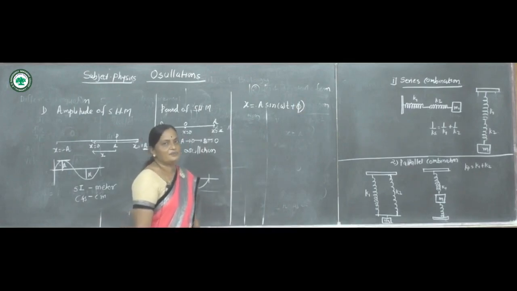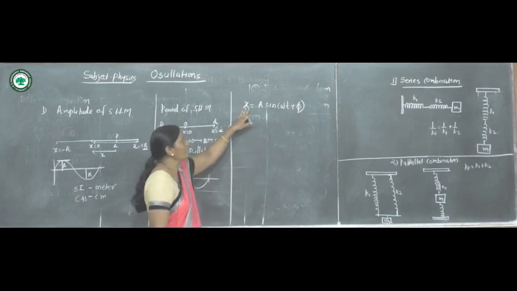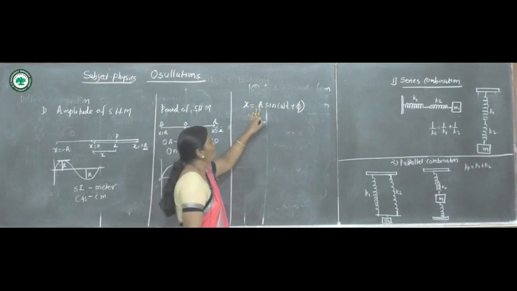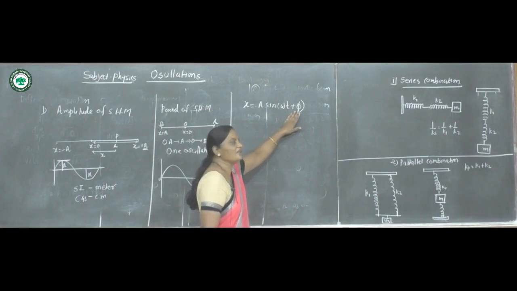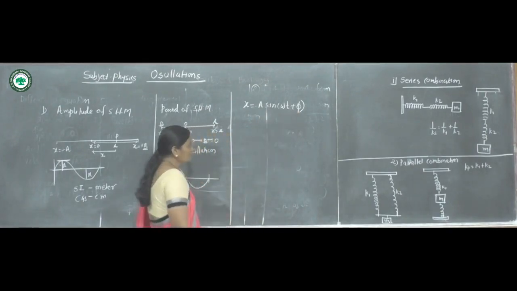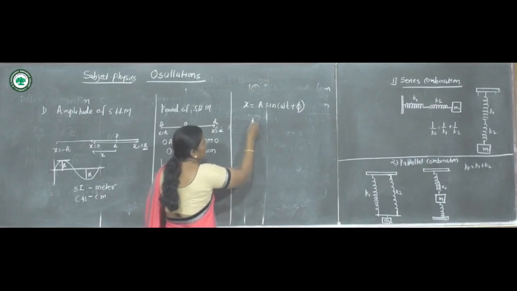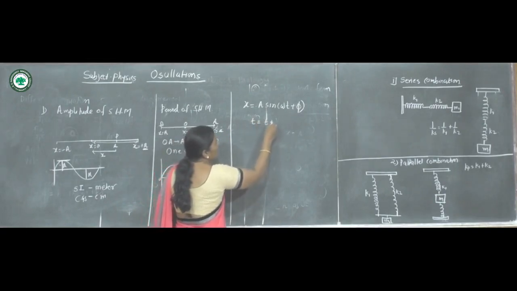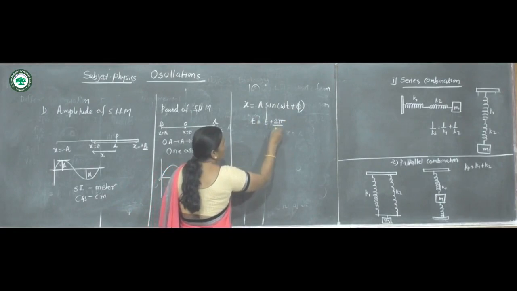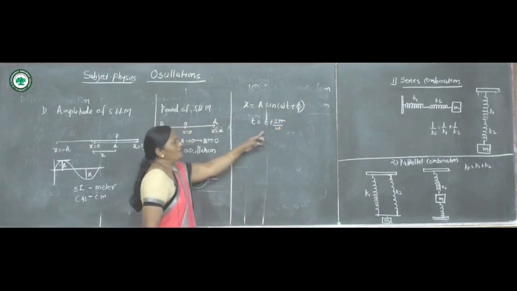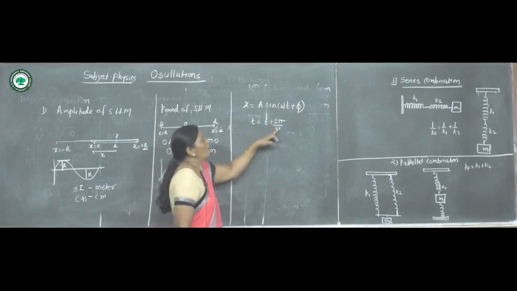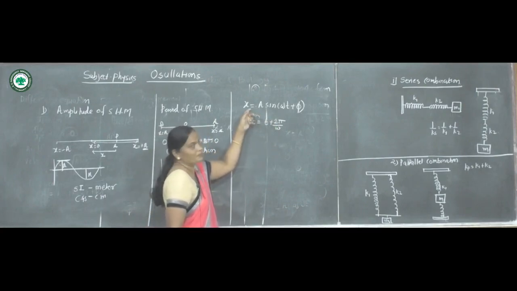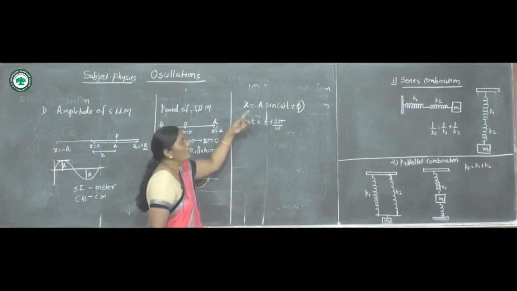Here x is displacement, A is the amplitude of SHM, omega is angular velocity, t is time, and phi is the initial phase or initial angle. Now substitute t is equal to t plus 2 pi upon omega. See, after 2 pi upon omega, what is the position of the particle?